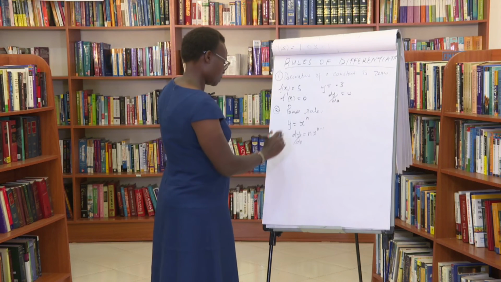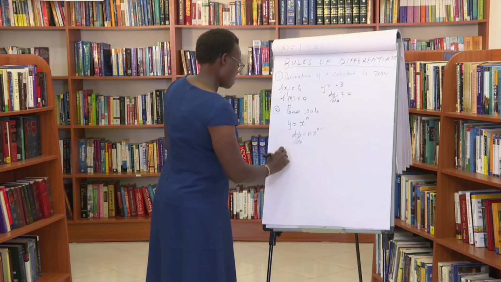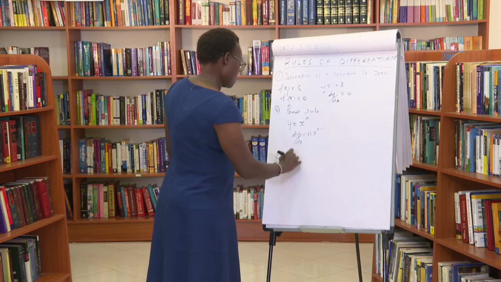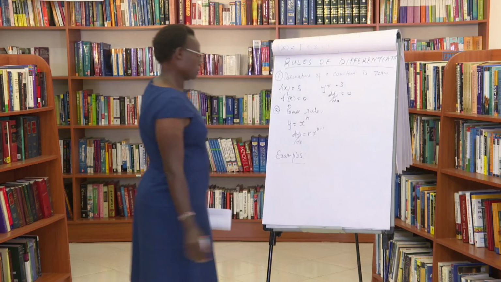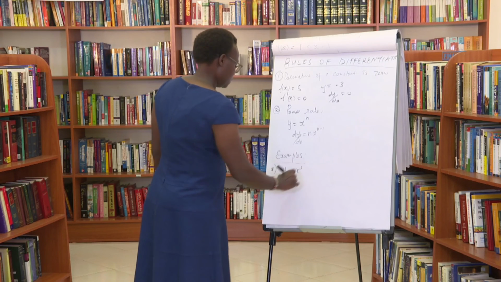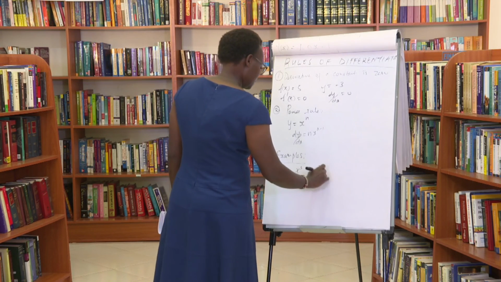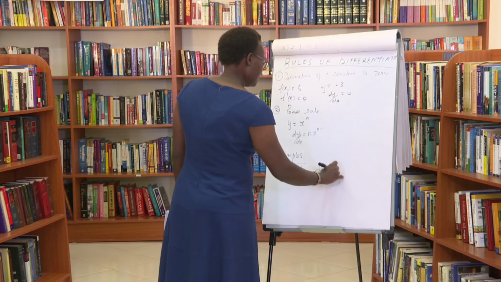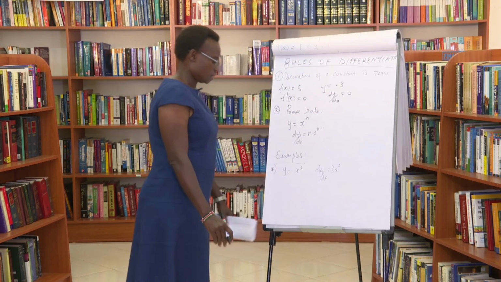For example, the first one, a, y is x cubed. Of course, dy over dx will be 3x squared.